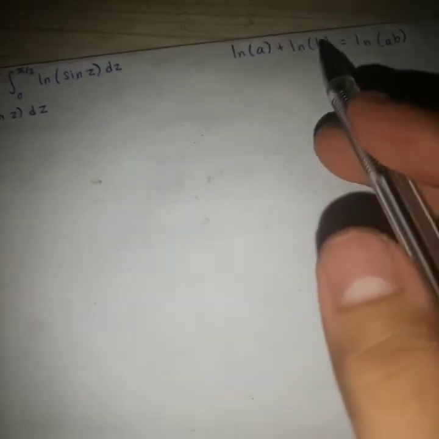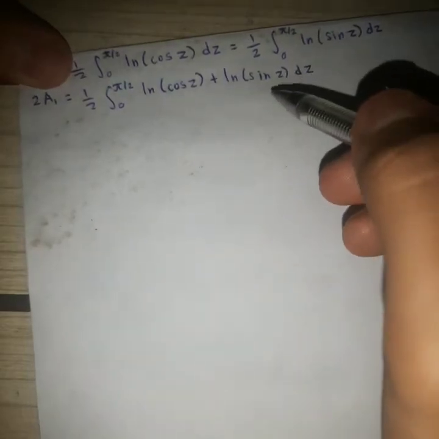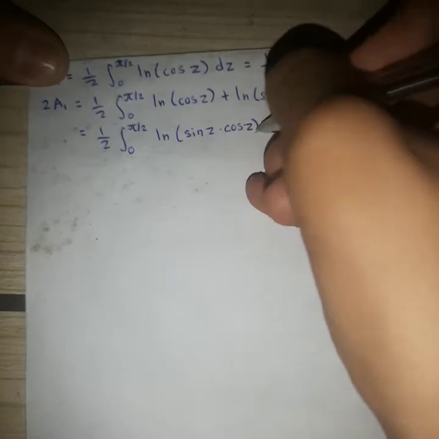So by using this rule, this is just equal to 1/2 times the integral from 0 to pi over 2 of ln(sine z times cosine z) dz.